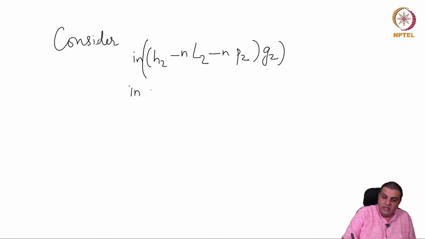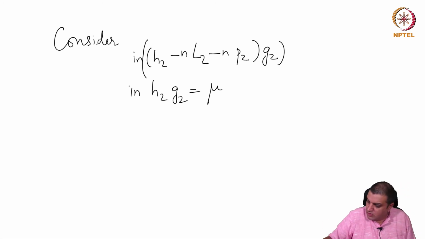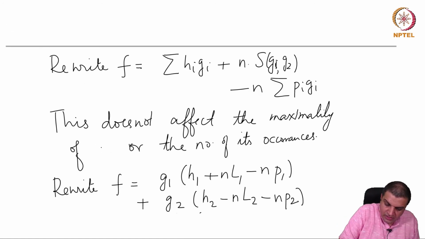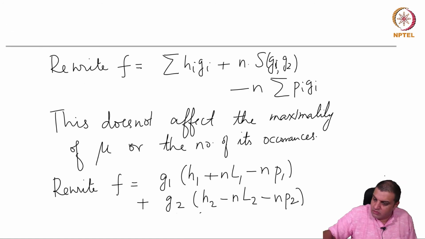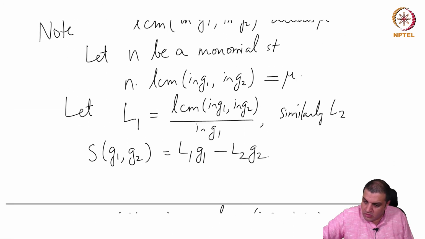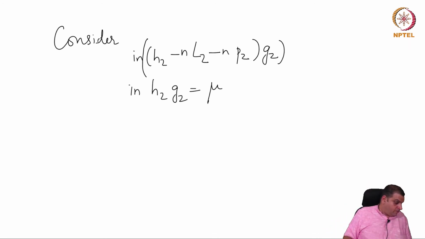The initial term of H2 G2 was mu, this is not m but mu. So this was mu.